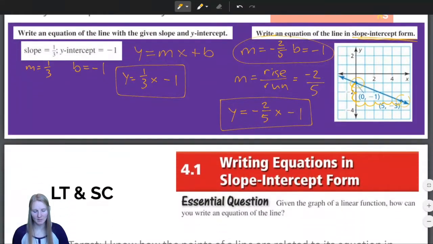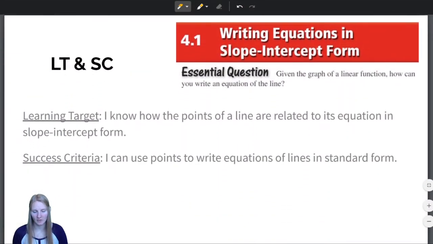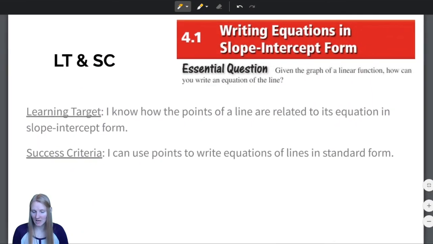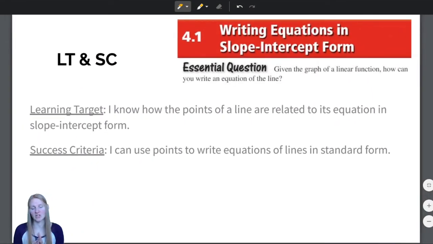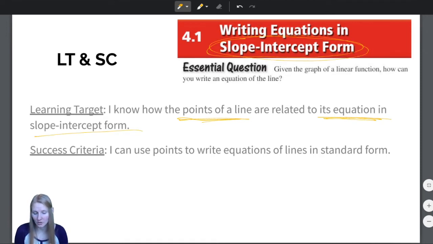Now, let's go ahead and move on to what we have for today. Today, we're going to continue our work with section 4.1. Our learning target is that you know how the points of a line are related to its equation in slope-intercept form. So we're still working in slope-intercept form. And now, our success criteria is you can use points to write equations of lines in standard form.